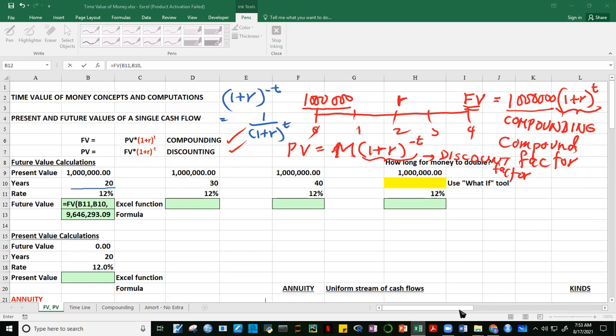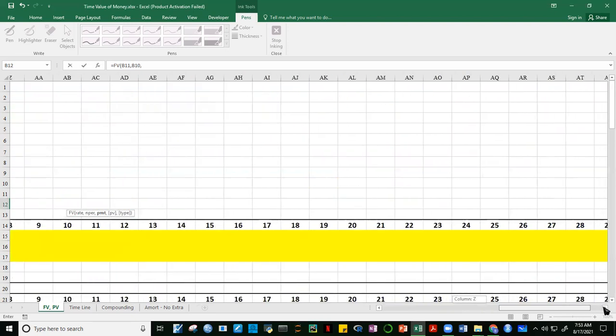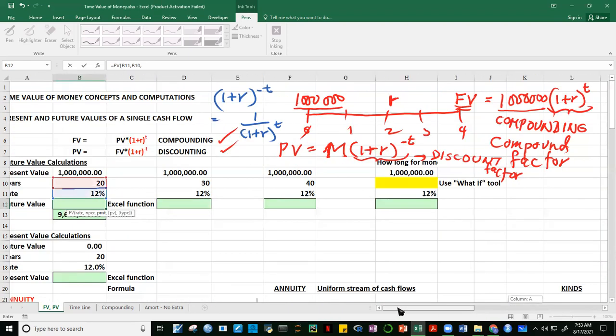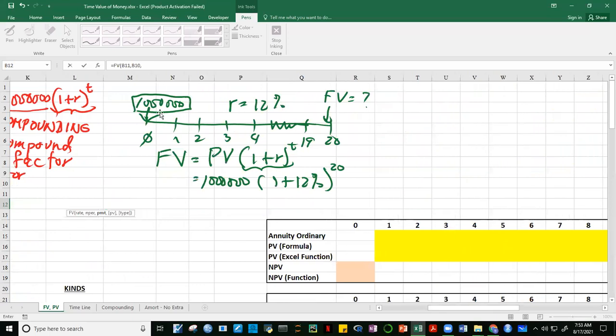Now for this stream of cash flows, do we have an annuity here? If this is our timeline, 1 million initially, and then how much it is after 20 years, we don't find an annuity here, because an annuity means we have uniform payments.